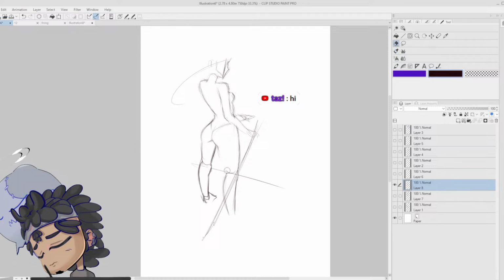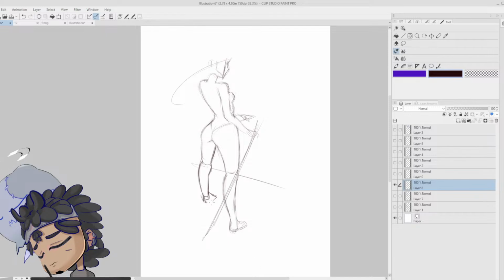So you erase this part and then go by exactly how it is based on the negative space. Curve it, curve it. Okay, then like that. Foot like this and then curve it like that.